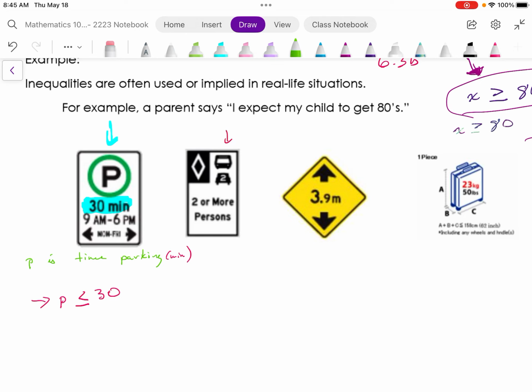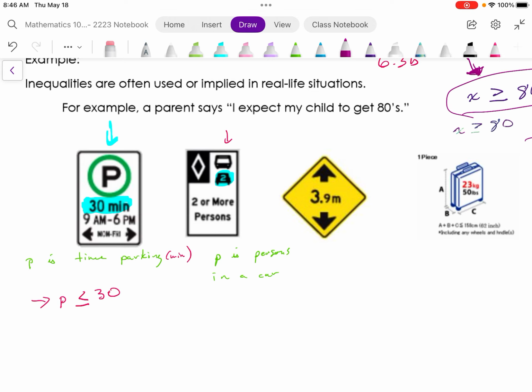Now this next one, I'm going to use the variable P, is persons in a car. If you do not recognize this road sign, it is for carpooling. These diamond lanes are used for high occupancy vehicles. So if you're carpooling, you get a priority lane.